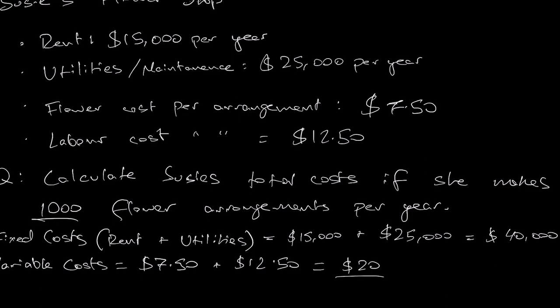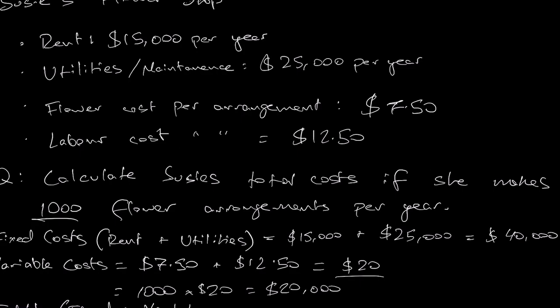Now, taking that $20 number, I need to see how much that costs per flower arrangement. 1,000 flower arrangements is how much Susie made in total, and we are going to multiply that by the $20 figure. And that gives us $20,000 in total.